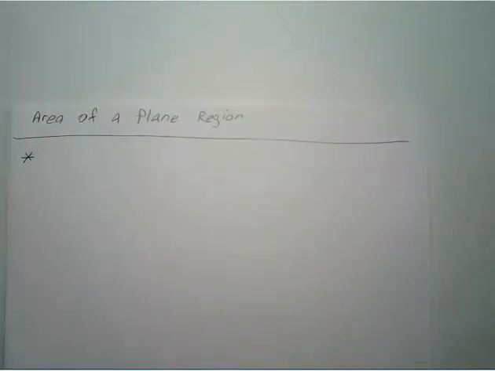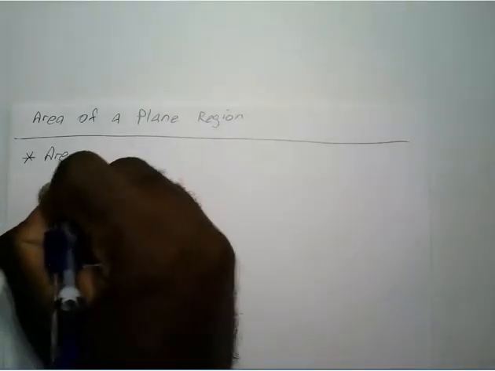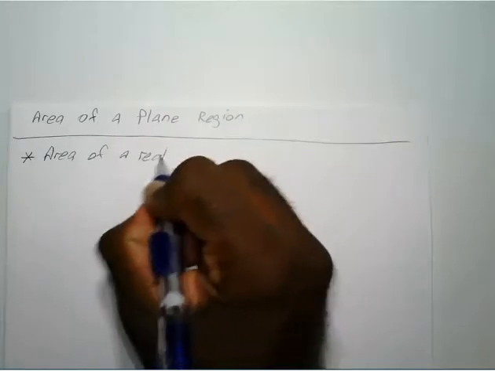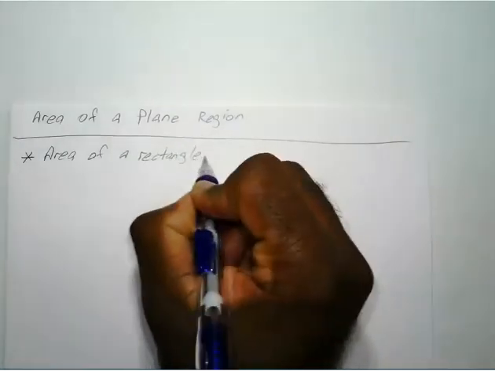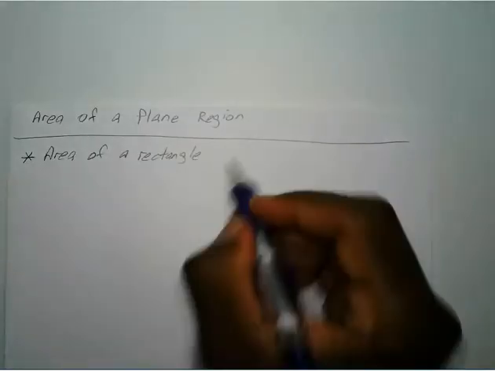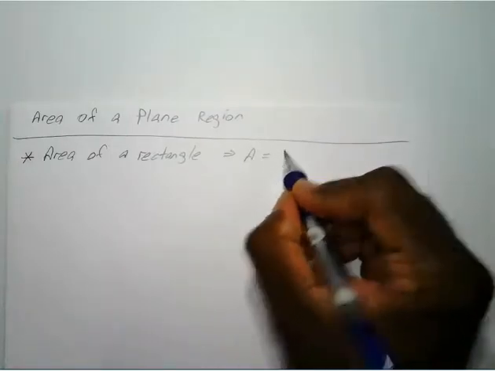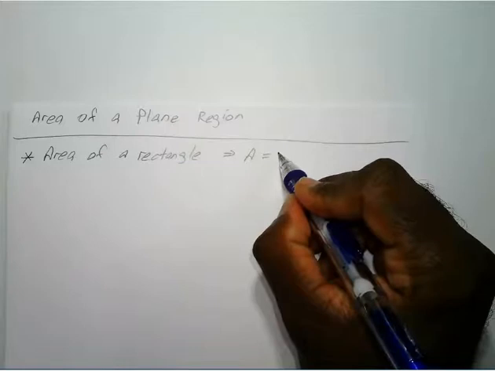We're going to begin with a formula that you should be pretty familiar with, and that's the area of a rectangle. Okay, and that area of a rectangle is equal to length times width.